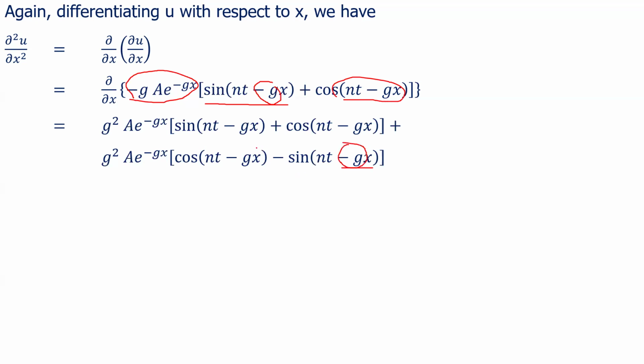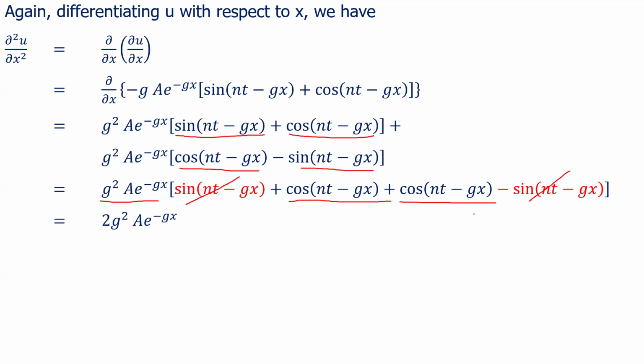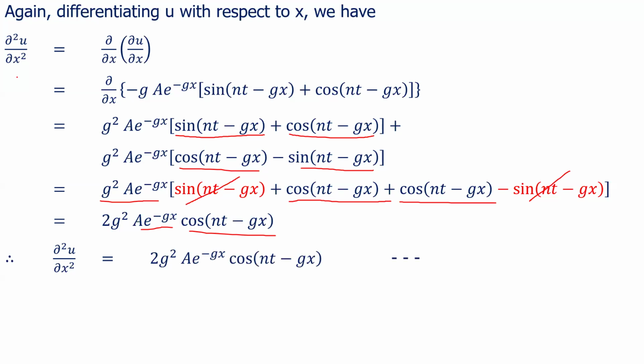Here again minus g can be taken outside from both terms, so minus g into minus g is g square, a e to the power minus gx. After that, sin(nt minus gx) plus cos(nt minus gx) is common, plus cos(nt minus gx) minus sin(nt minus gx). The positive and negative sin terms cancel, and cos plus cos gives twice cos. So 2g square a e to the power minus gx cos(nt minus gx) is the value of the second order partial derivative of u with respect to x.